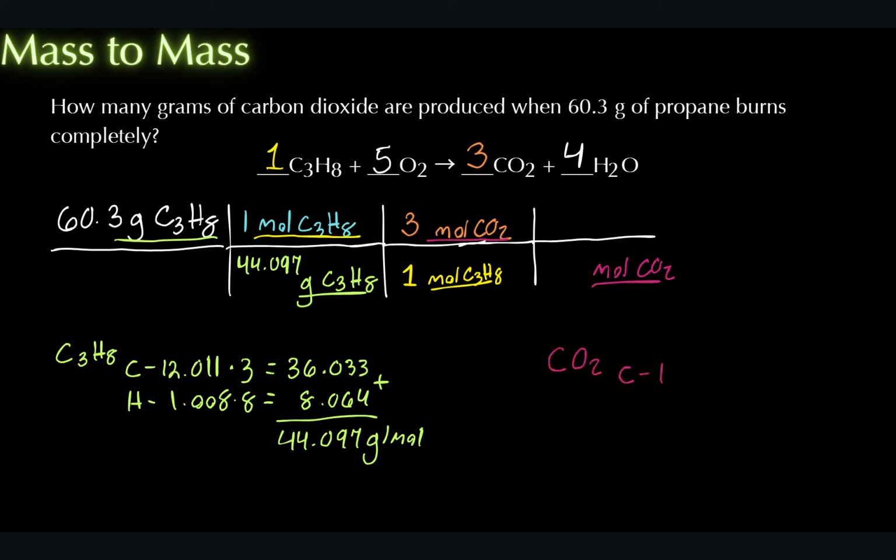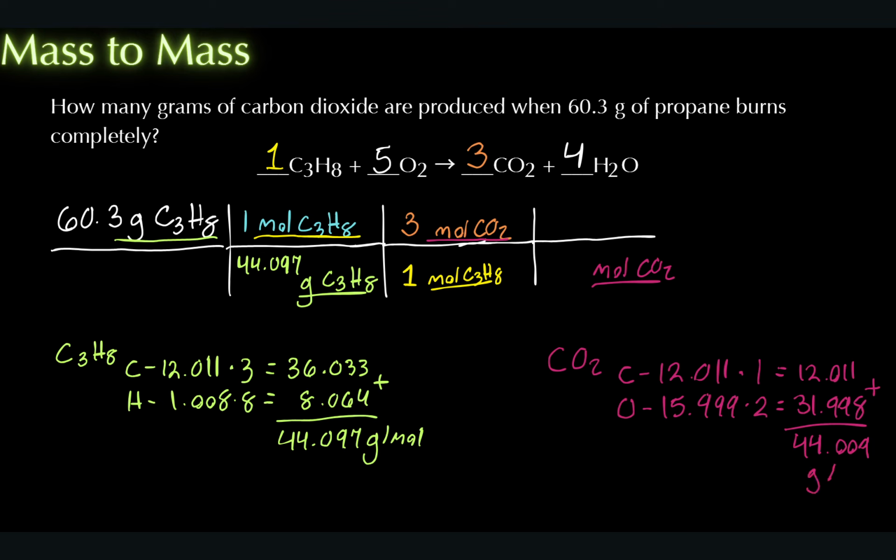Again, our carbon being 12.011, I only have 1 atom of it. Our oxygen being 15.999, having 2. We're going to multiply those out and add those together, and we're going to end up with 44.009. And that will be our grams per mole.